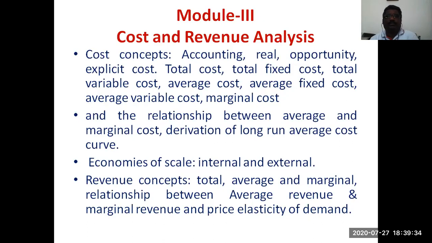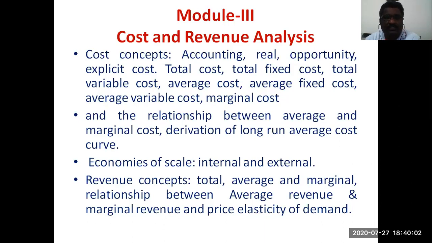So in the first module we studied consumer behavior. In the second module we studied producers' behavior. In the third module, cost and revenue analysis. After producing, there are a number of costs incurred in the production process.